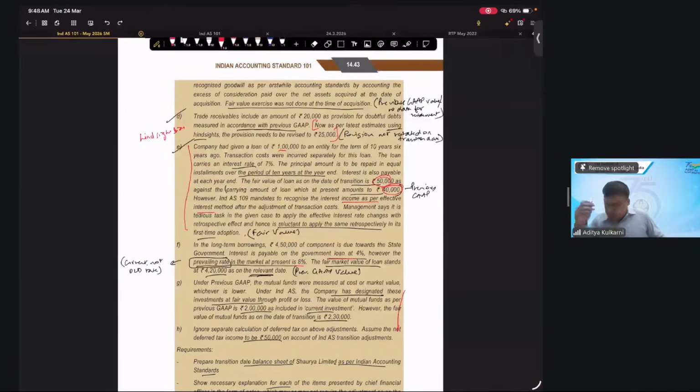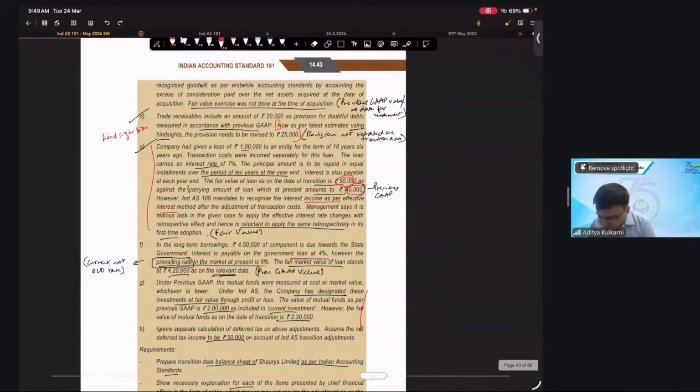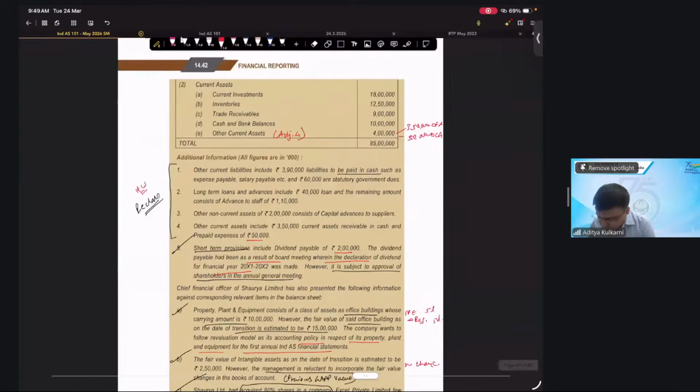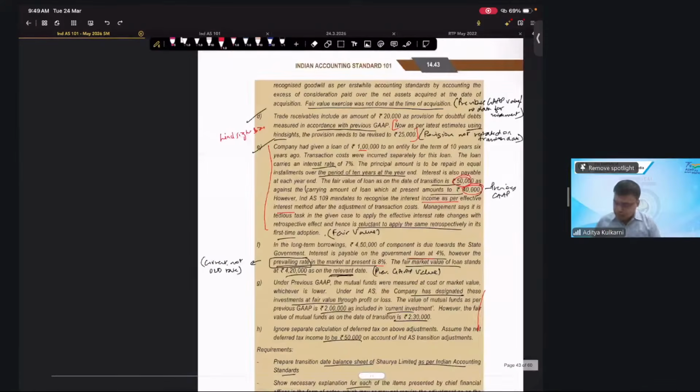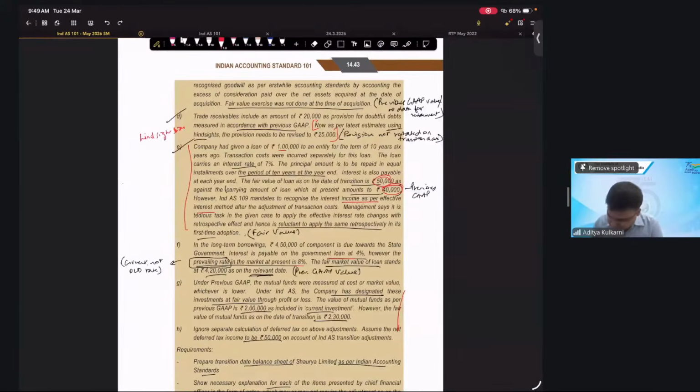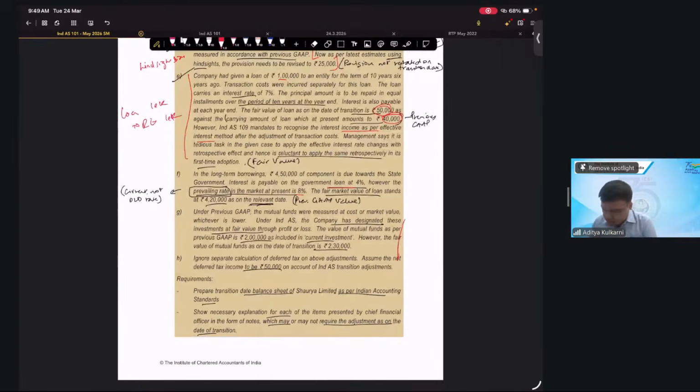What is the adjustment entry that you are looking at? Loan account debit to retained earnings. Or this is loan given, 10K. All right. So that is this one.